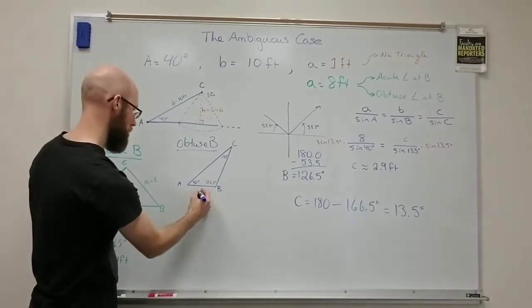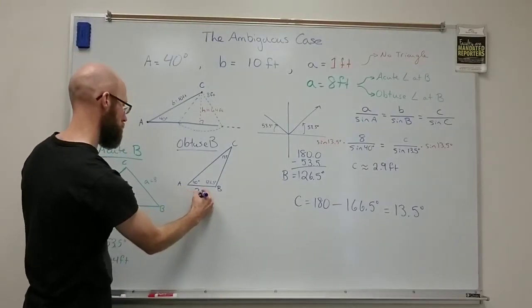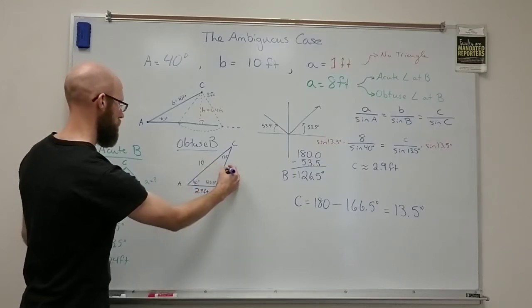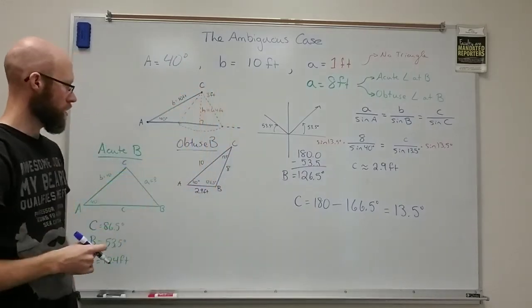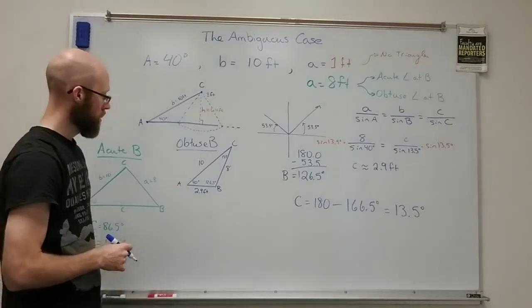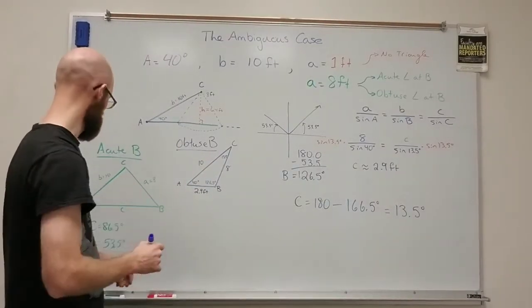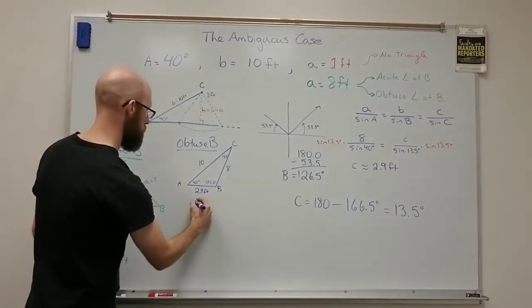And then our short side here is 2.9 feet. This one's 10, and then A is still 8. Okay, so that should give you all the information about the obtuse angle and the acute angle B.